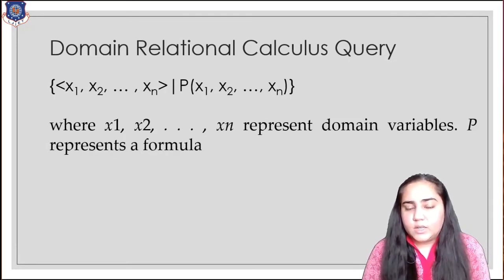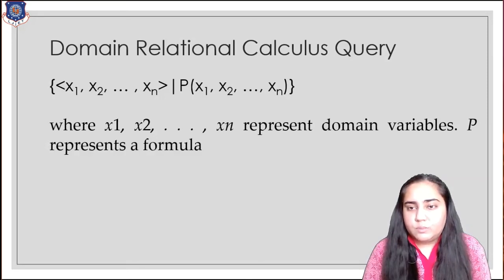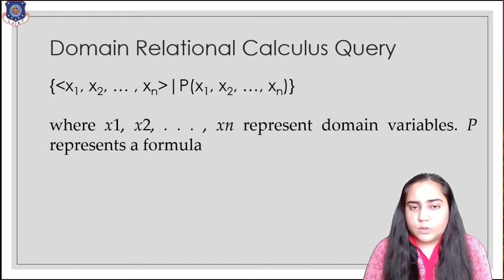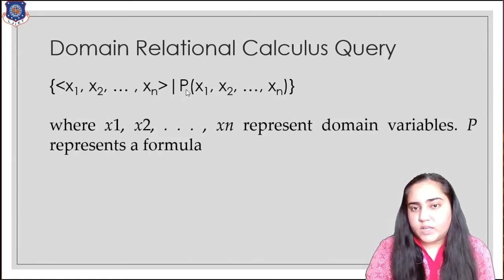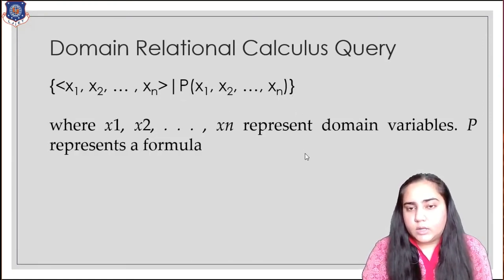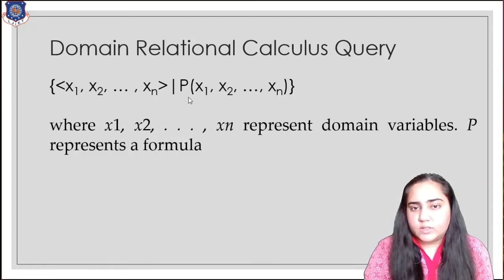We have a set x1, x2, and so on, which represent domain variables, so your column names will go there. And then we have a pipe, and this is P, which represents a formula, just like in tuple relational calculus. It's a predicate that represents a formula.